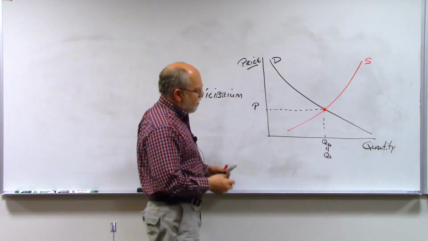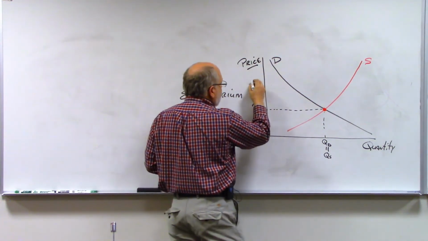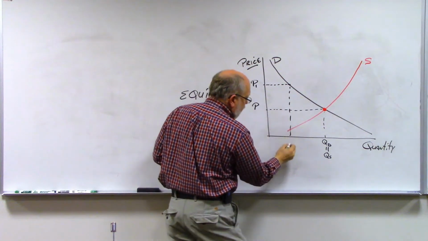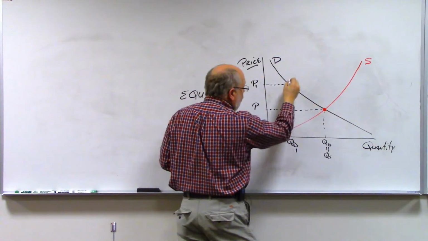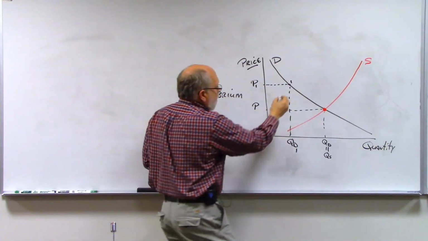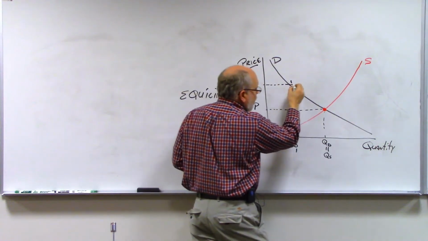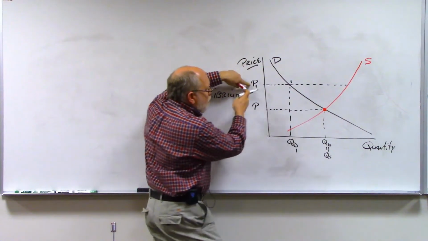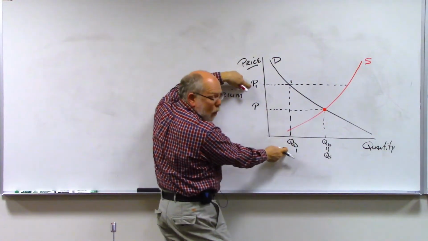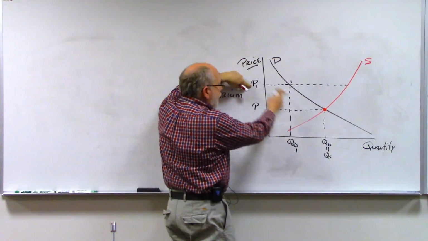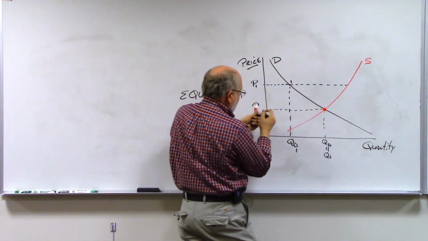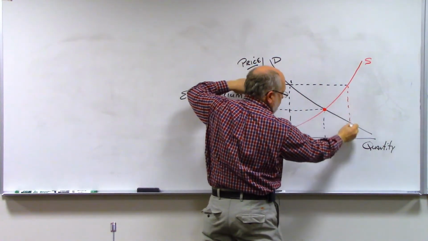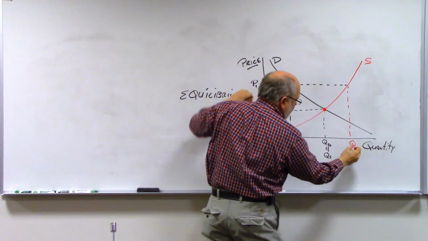Now let's raise the price and see if that's true. If we raise the price up here to P1 and we come over here and hit the demand curve, we bounce off and we're going to get a quantity demanded, we'll call that 1. And if we extend it over to the supply curve, again, we ask this price question, we bounce off the supply curve to get a quantity supplied answer.